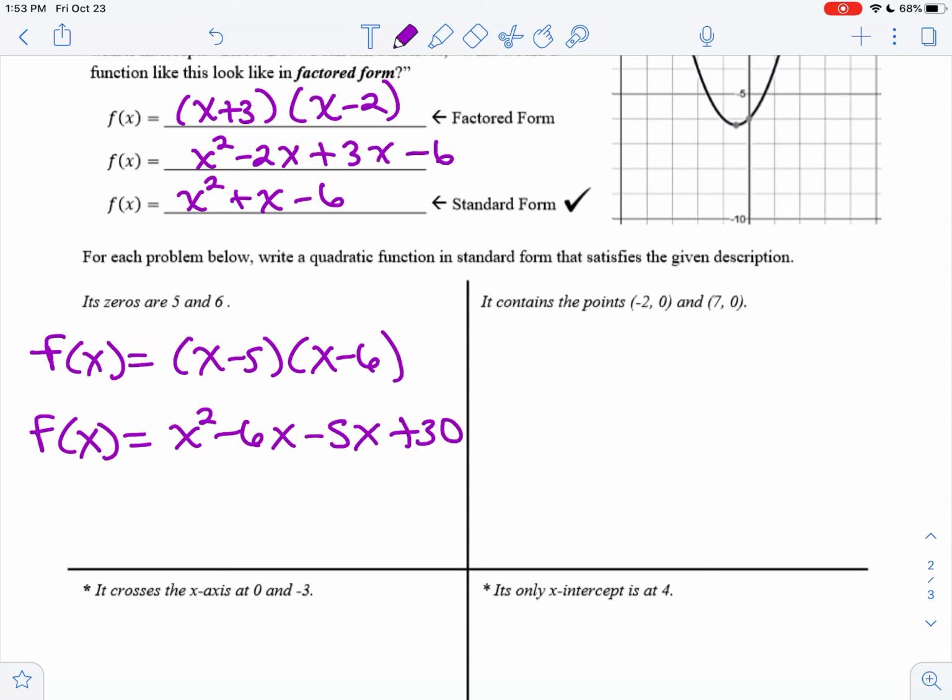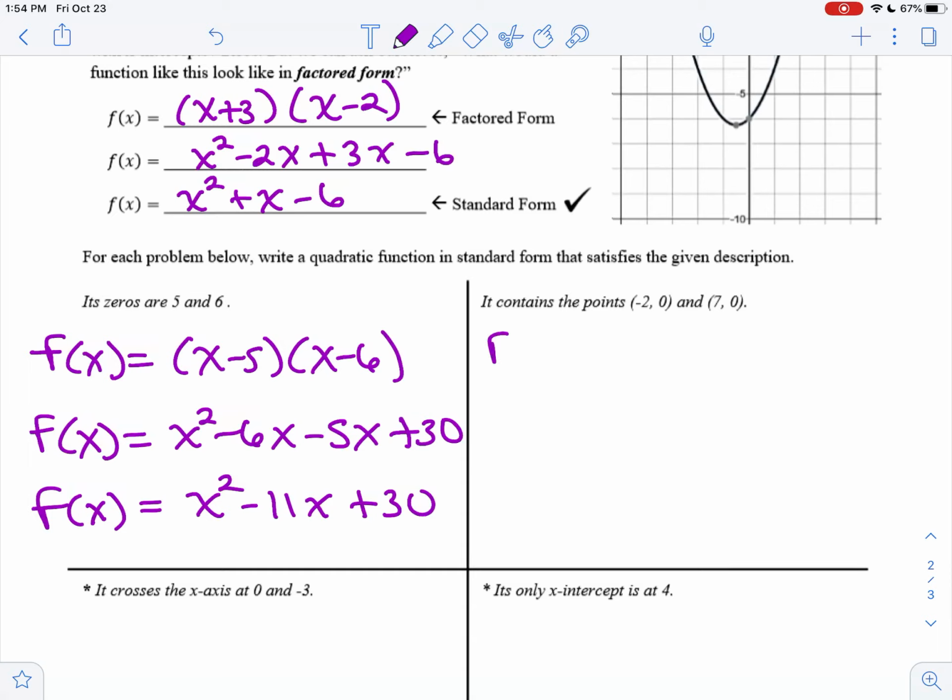F of x equals x squared minus 6x minus 5x plus 30, or f of x equals x squared minus 11x plus 30. Okay, so it's zeros. Zeros are just another way of saying x-intercepts.